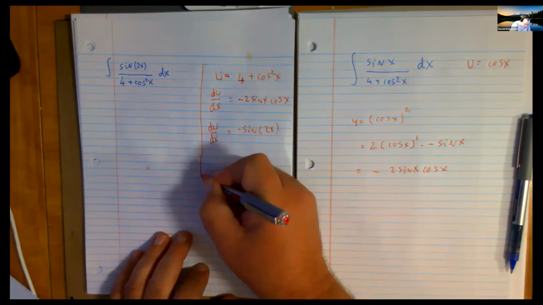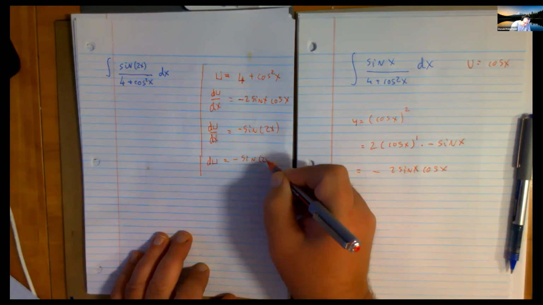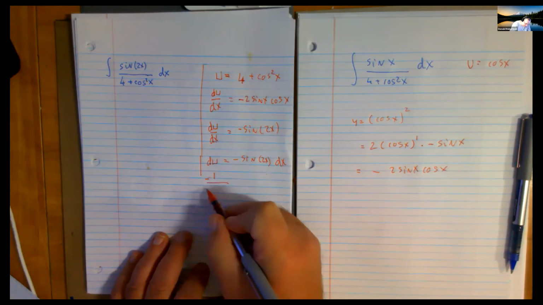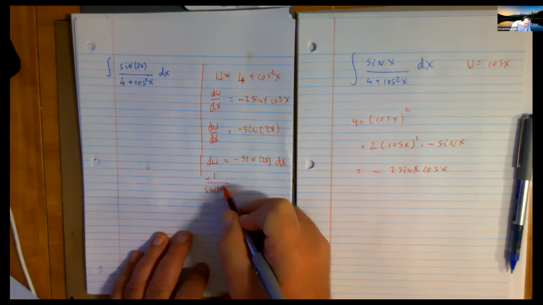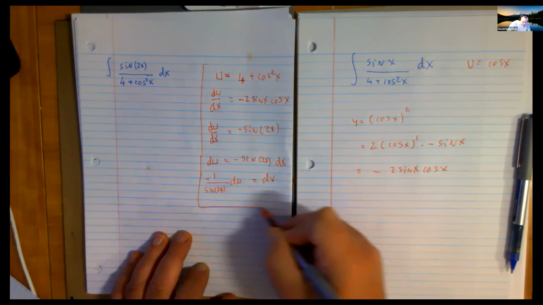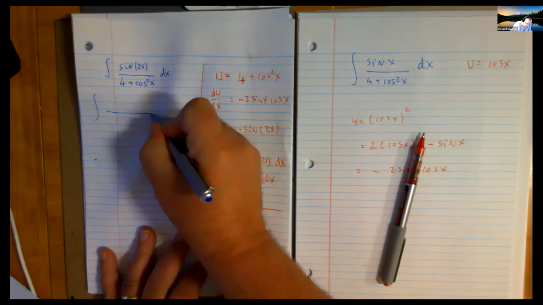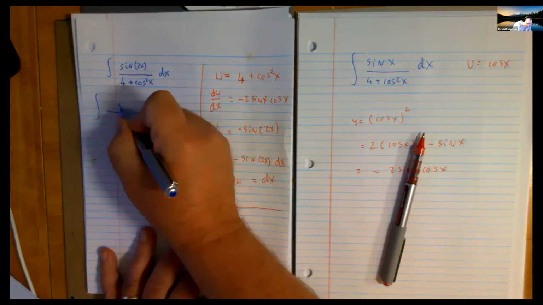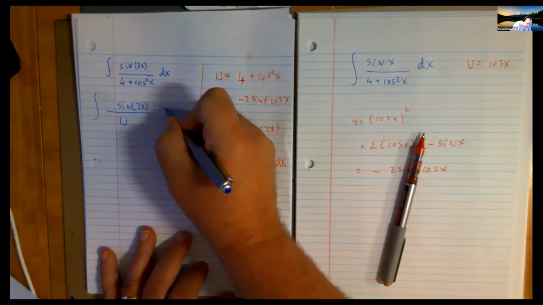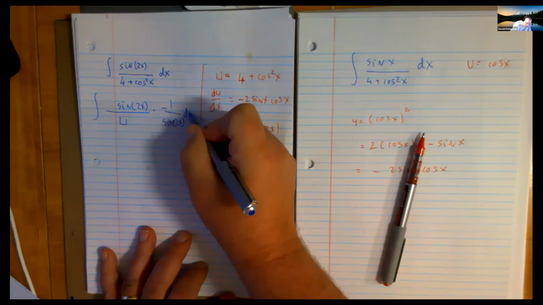So if I do the crossover, and then I isolate the dx, what I now have is u on the bottom, the sine of 2x here, negative 1 over the sine of 2x du.